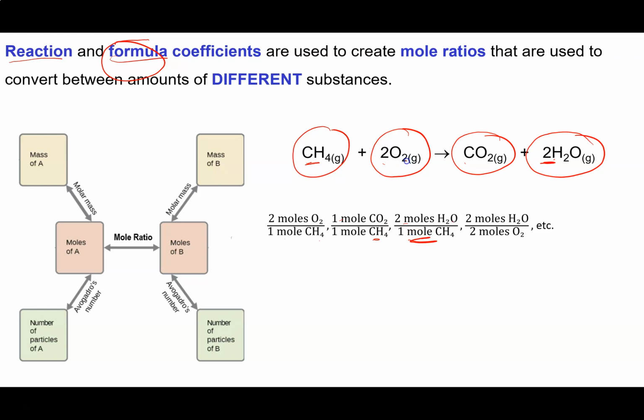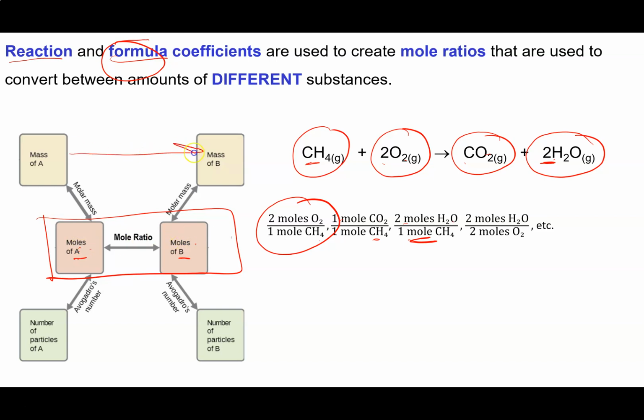And for any pair of things in this balanced chemical equation, I can create mole ratios in that manner. And these mole ratios allow me to convert from moles of one thing to moles of another thing. And as mentioned previously, whenever we're going from the amount of one substance to the amount of another, we've always got to go through moles.